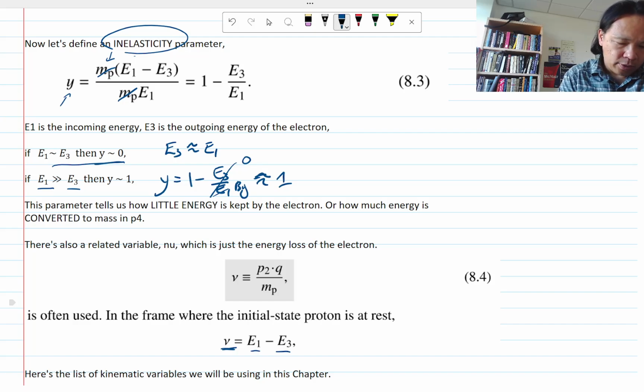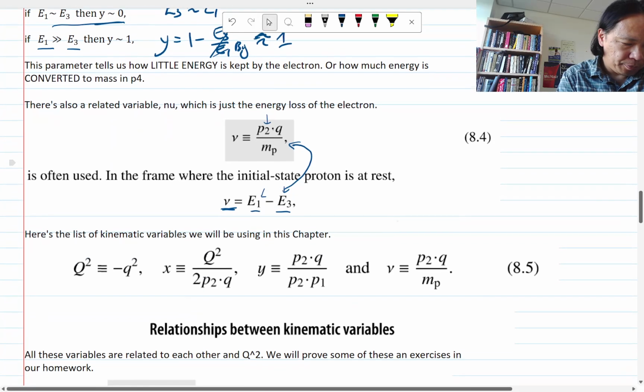Nu is just E1 minus E3. Another way to write this is P2 dot Q, the proton's four-momentum dotted into the photon's four-momentum, divided by the mass of the proton.